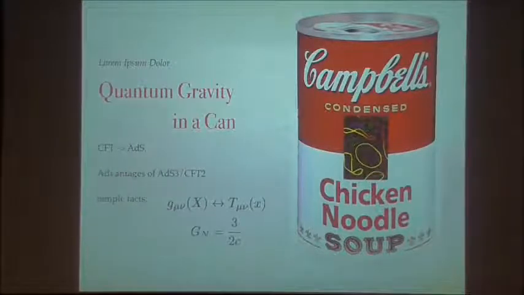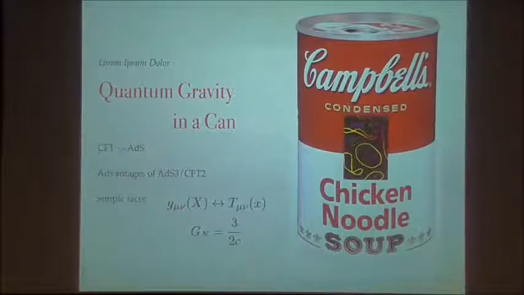In particular, gravity in 3D is simple because it's topological. It doesn't have local excitations. And the two-dimensional CFT is simple because it has an enhanced infinite dimensional symmetry known as the Virasoro symmetry.